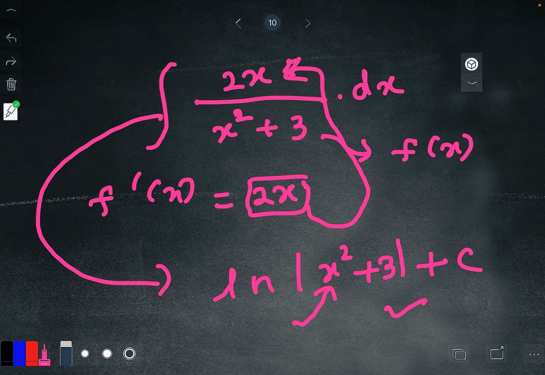Here you can see this x square plus 3 is our denominator. So this integral is basically saying, what function has the derivative of 2x over x square plus 3? Answer, ln of the bottom, because ln differentiates to f prime over f.